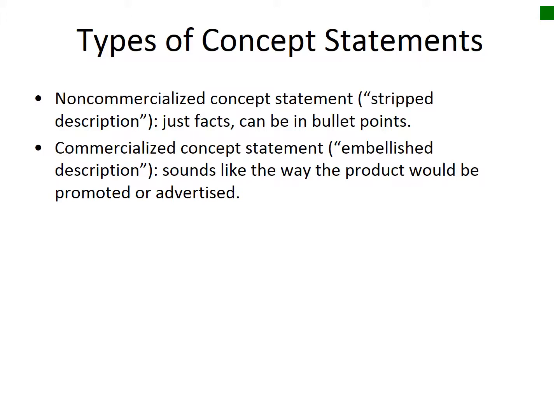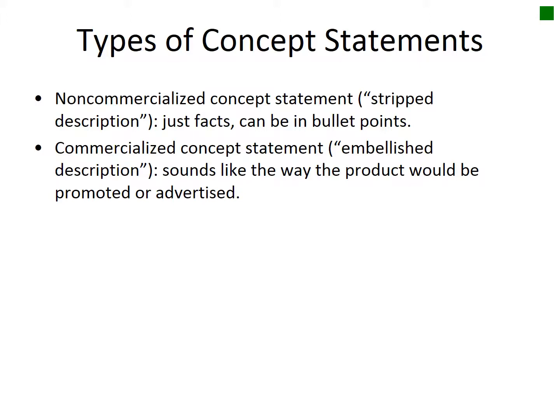The customer will see a commercialized concept statement generally in an ad, and we know that we want to motivate the consumer to think about buying the product. The challenge is we don't want the data to be overstated because the product description is too commercially embellished or too over the top.